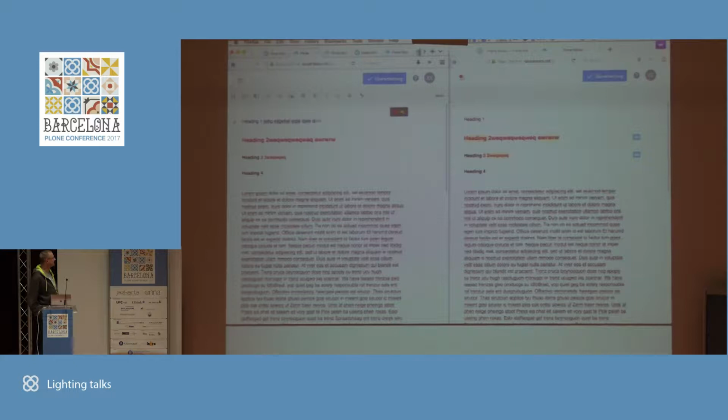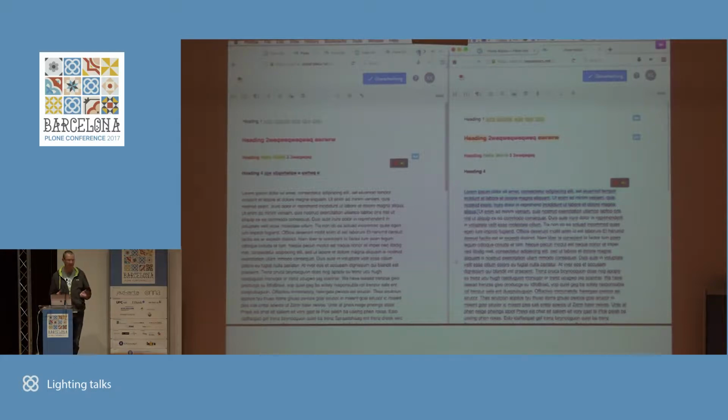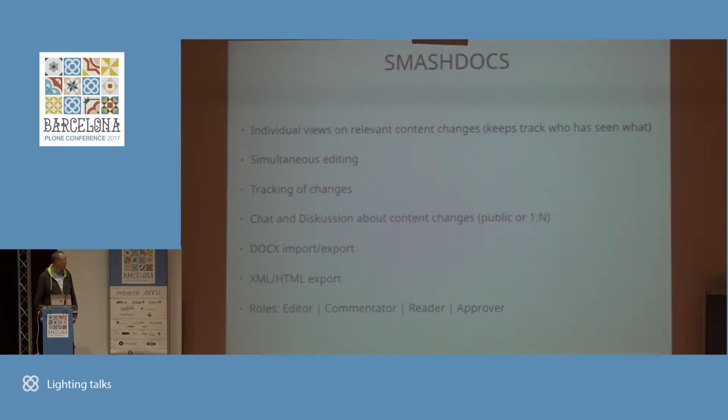And this screencast basically shows you two different editors working on the same document at the same time. And you see that basically everyone sees simultaneously all changes, edits, and so on. You can also do some stuff like questions, communication with the editors, and so on. And it's pretty fancy.